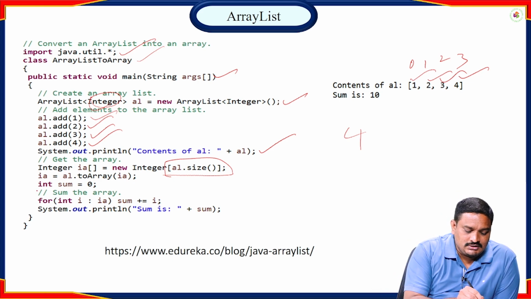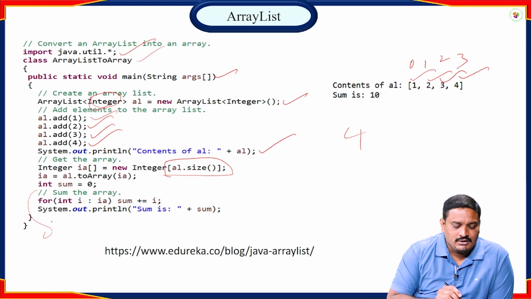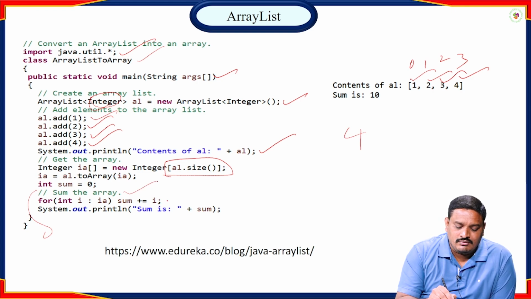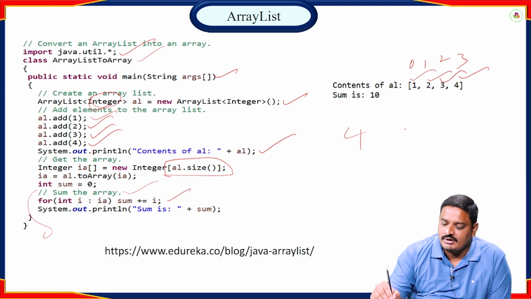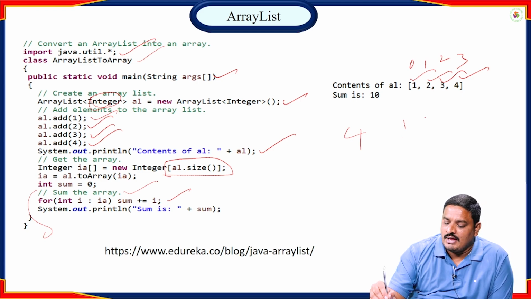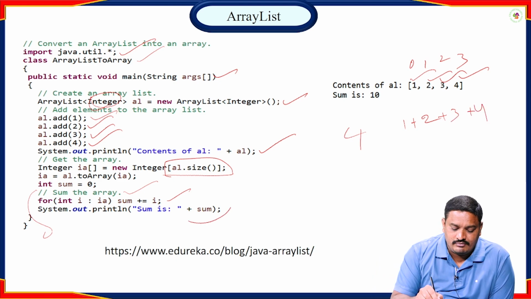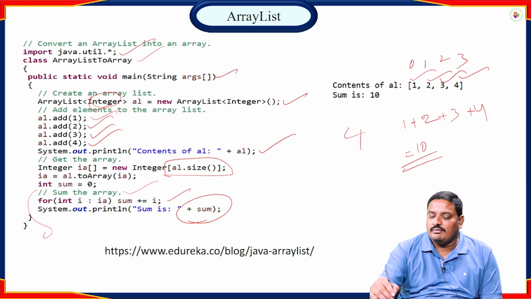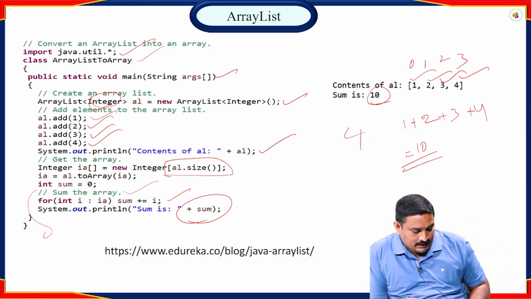That's why we are using the statement: sum the array, int i equal to IA, sum plus equal to i. The sum increments by 1, then by 3, then by 4. Total value is the sum: 4 plus 3 is 7, 7 plus 2 is 9, 9 plus 1 is 10. The total value is 10. That is the array list.